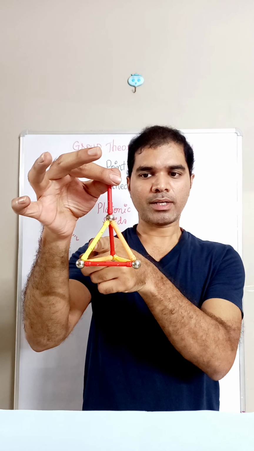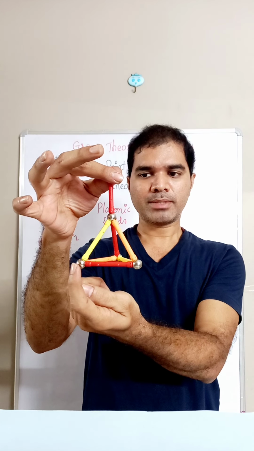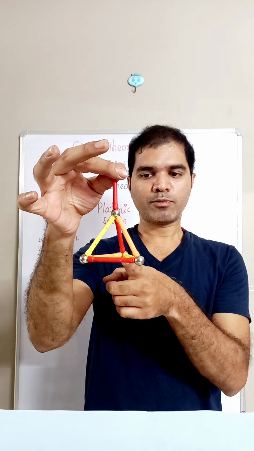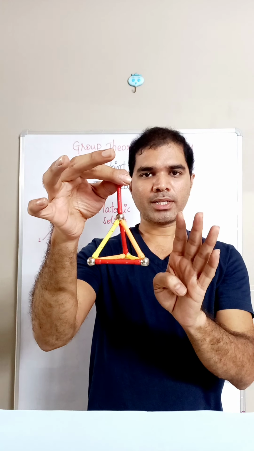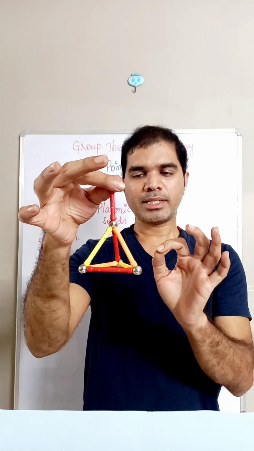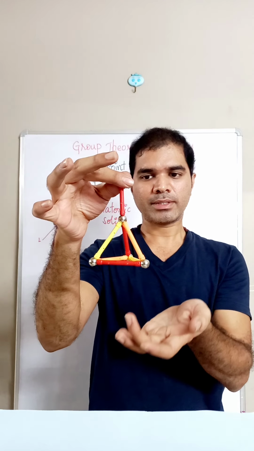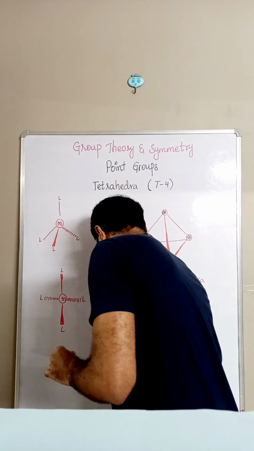A third C3 will be possible from this corner and an opposite triangular face, and a fourth C3 from this corner and an opposite triangular face. So altogether there are 4 C3s, each C3 passing from one of the corners and its opposite triangular face. Let me show you all these C3 rotational axes.